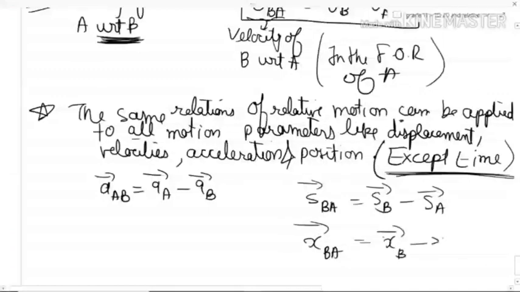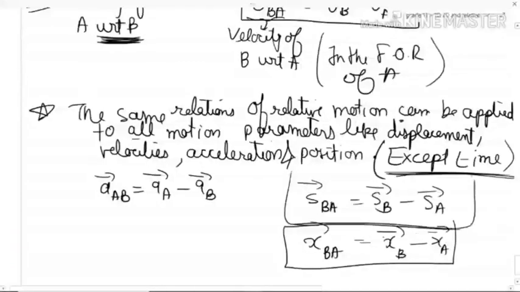Are you getting my point, guys? So basically, this is how you deal with every other quantity except time. Please remember, except time. We'll do numericals based on this. So anyways, this is it about relative motion in one dimension.